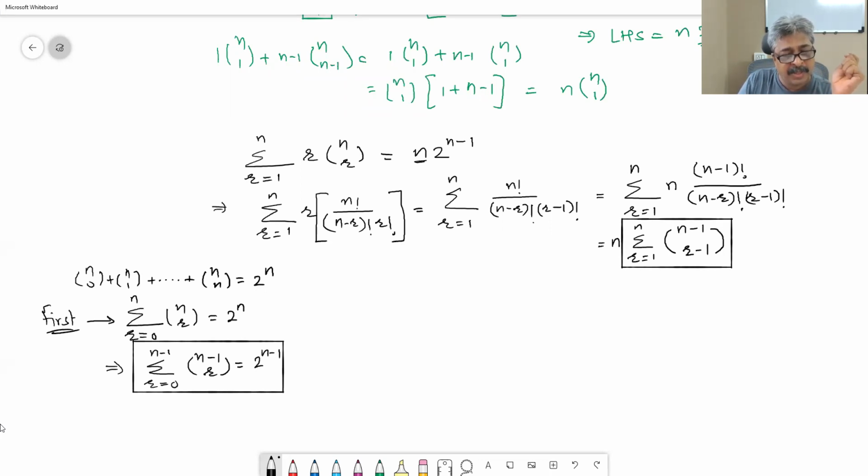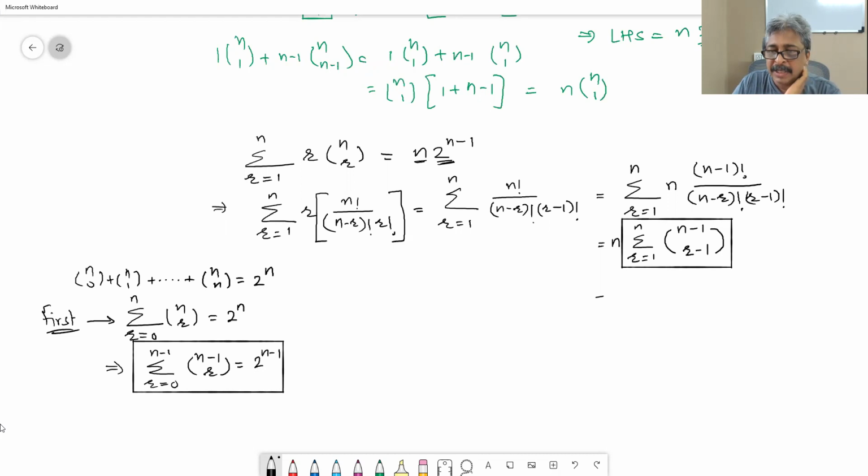We get sigma of (n minus 1) choose r is equal to 2 raised to n minus 1. That is what we are aiming for in the RHS. Therefore, if I could show that this identity and this identity are the same, then our job is over.